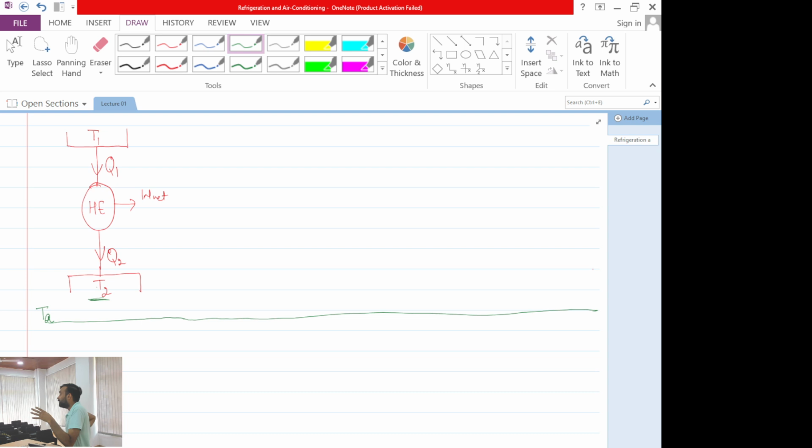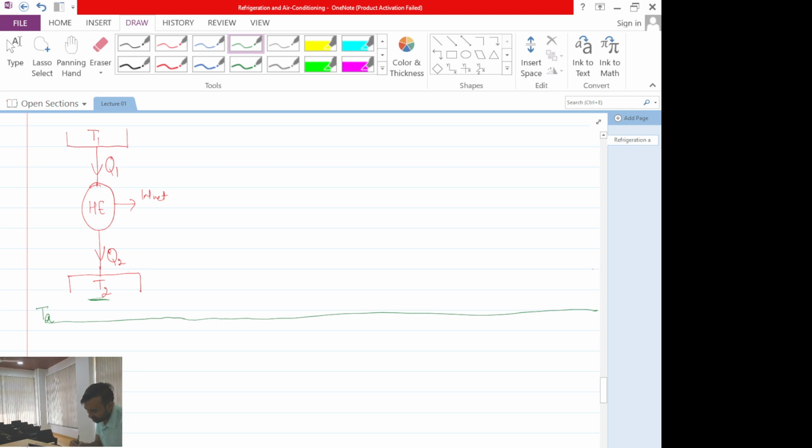Typically the temperature of coolant is 80 to 90 degrees Celsius, whereas ambient air temperature is 25 to 30 degrees Celsius. So it means that the working fluid of the heat engine, if the process has to be done in a finite amount of time, has to be at slightly higher temperature than the ambient temperature. Is this point clear?